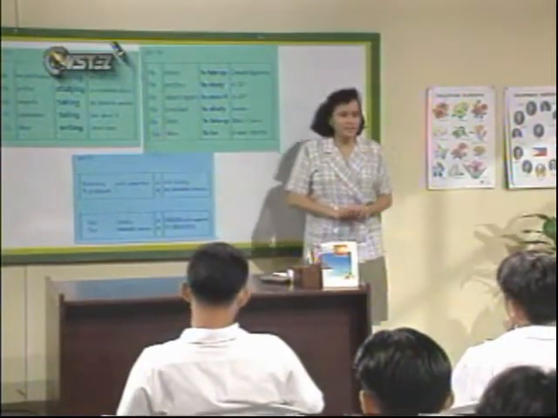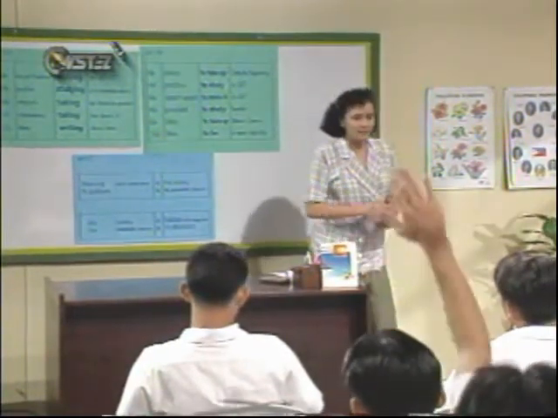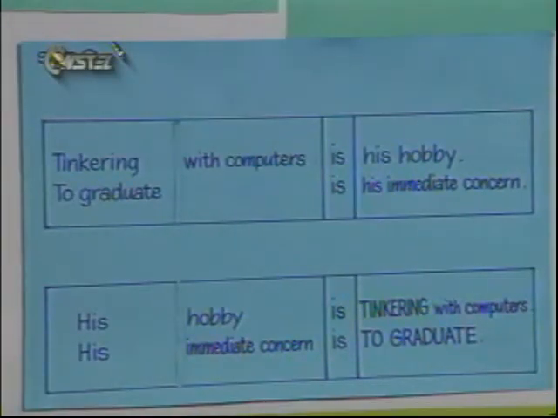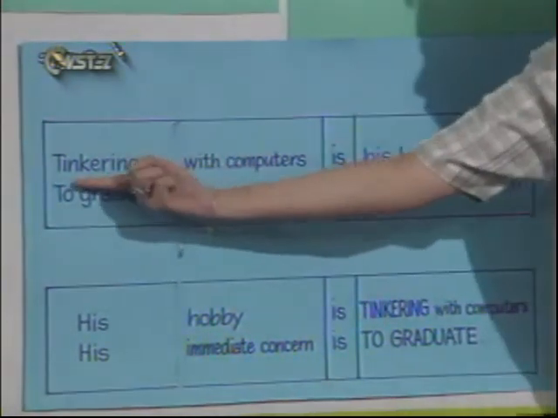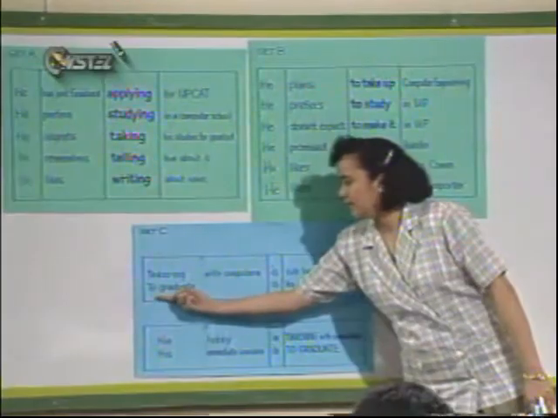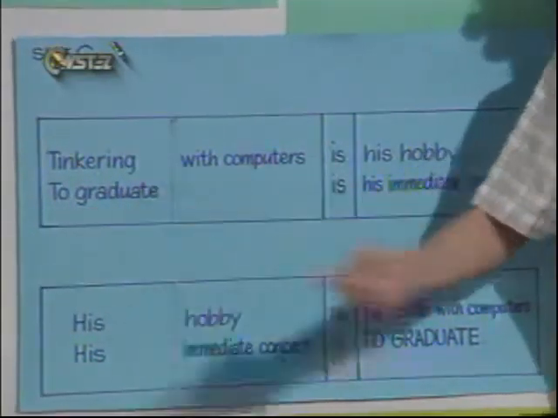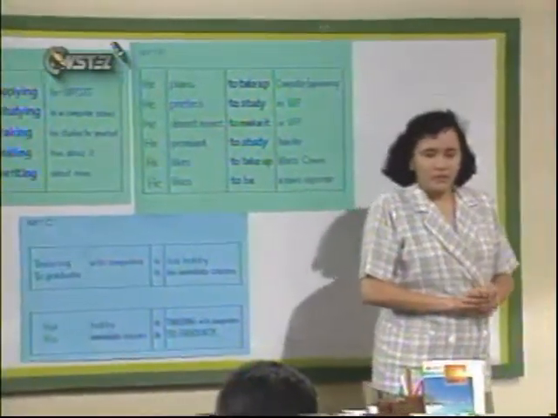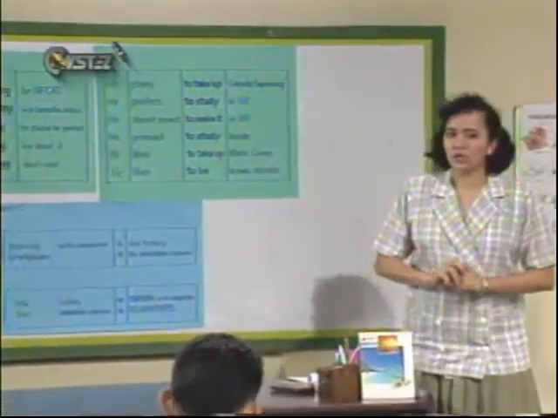What about in Set C? Yes, Benson. Ma'am, the basis for grouping of Set C is that the V-ing words and the to plus verb forms are used. Okay, very good. So you have here tinkering and then to graduate. All right. So if you notice, they are grouped according to forms.